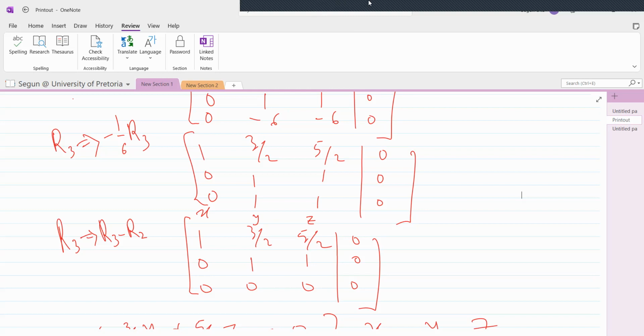Anyway, what do we mean by non-zero rows? For example, look at row 2 here. Let's say you only have one element here, others are 0, it's still a non-zero row.